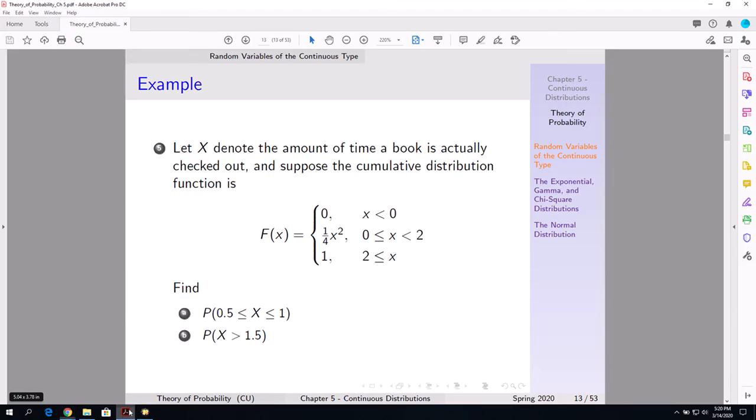So back to this. We don't have to be super concerned about equal signs because we're a continuous distribution function, but the probability that 0.5 is less than or equal to X, and that in turn is less than or equal to 1, well, isn't that just going to be the cumulative distribution function evaluated at 1?